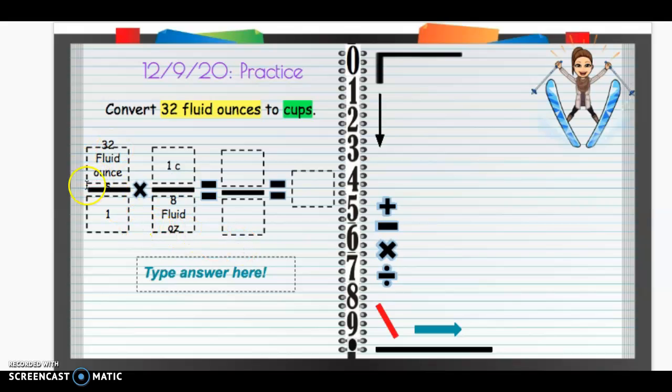So now that we know that, we can cross our fluid ounces out. So this fluid ounces is gone. This fluid ounces is gone. So now we have just cups left over.